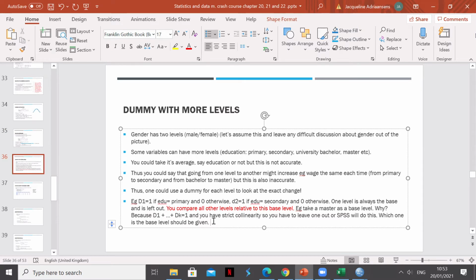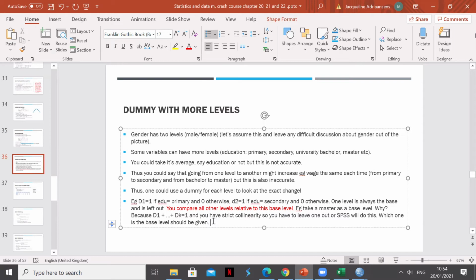So either leaving out 1, so you compare all the levels going from 1 to, for example, 2 or 3 or 4 or 5, or leaving out 5, so going from master back to bachelor, back to secondary, back to primary, probably giving a negative coefficient, of course, because going from a master to university bachelor probably gives a lower wage, obviously.